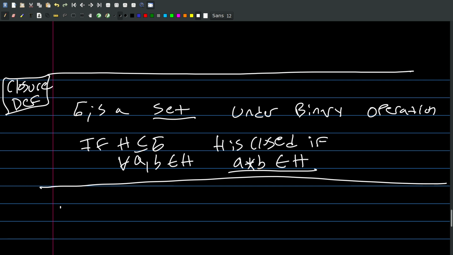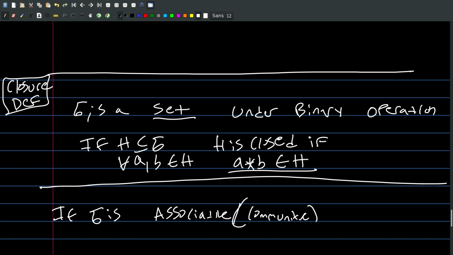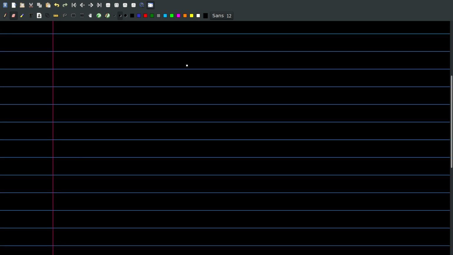So it is the case that if G is associative, or commutative for that matter, then if H is closed, then H would be associative or commutative. Okay, I want to say one thing.